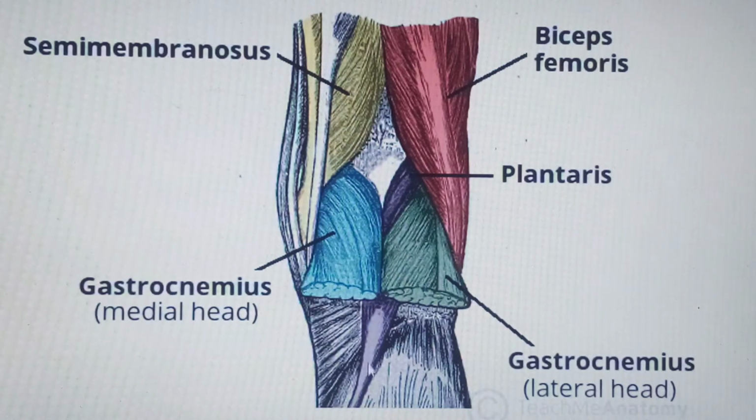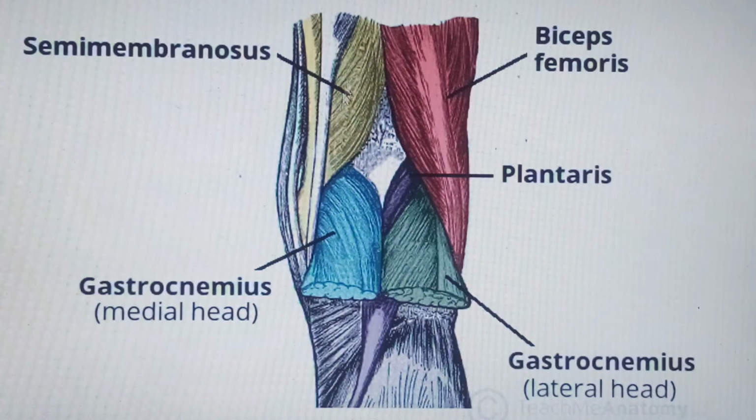Now you can see the plantaris is moving medially, the tendon of the plantaris. So we will have what we call the superomedial boundary. The superomedial boundary will be formed by this muscle that we've seen already, the semimembranosus, and then lying on it is the tendon of semitendinosus.